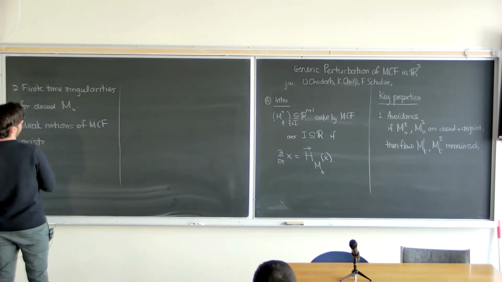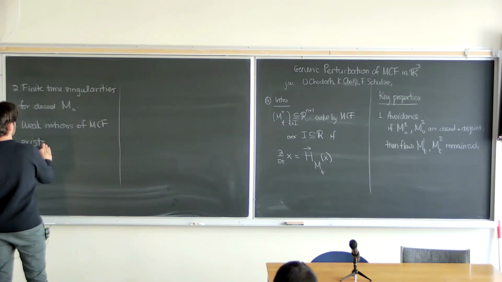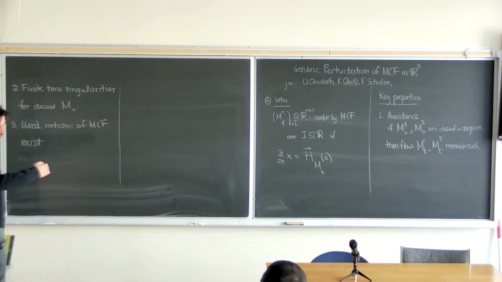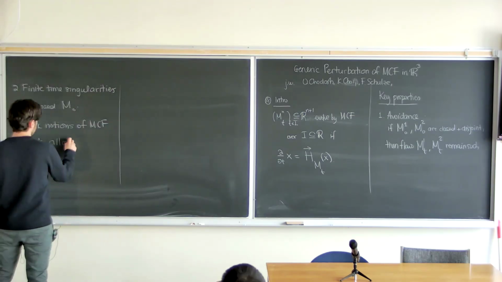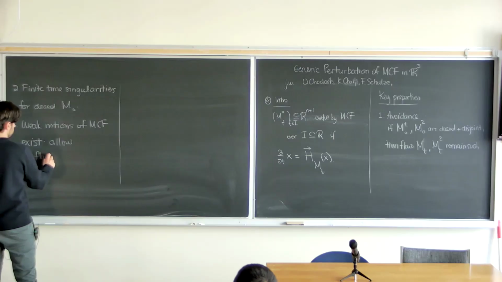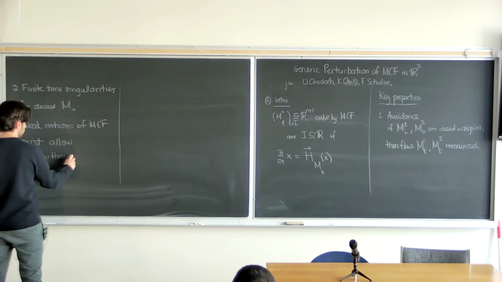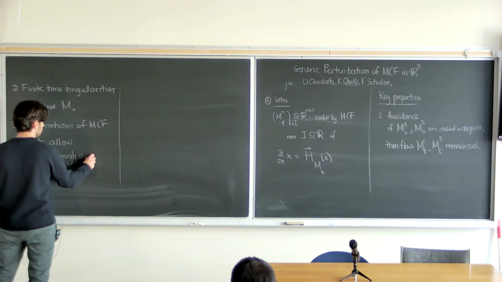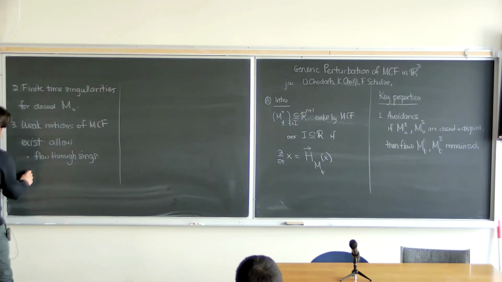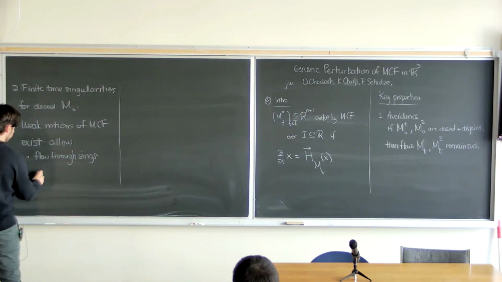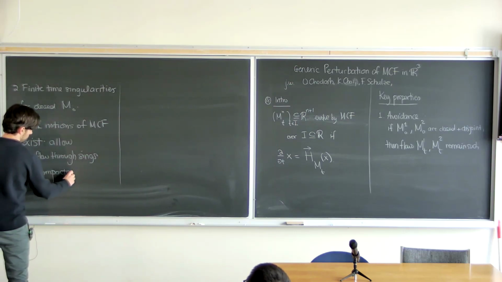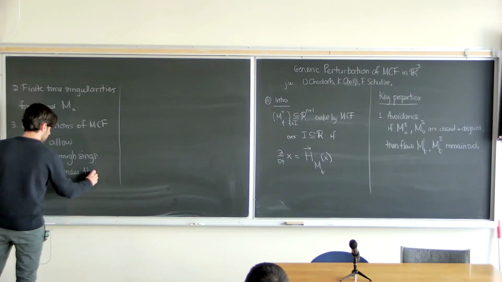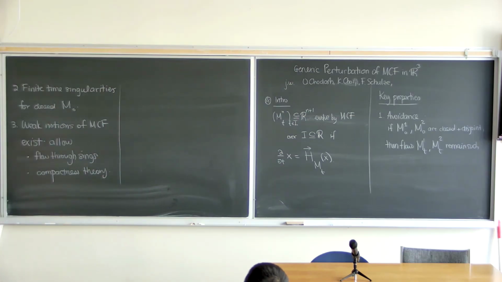The key properties that it has are long time existence past singularities, so there's flow through singularities, and I'll draw a picture. And it has a pretty good compactness theory, which we will need in a little bit.